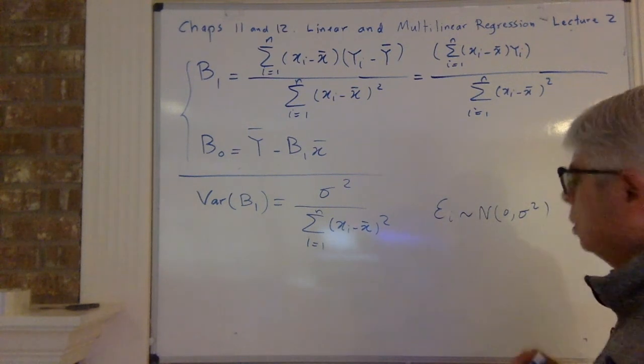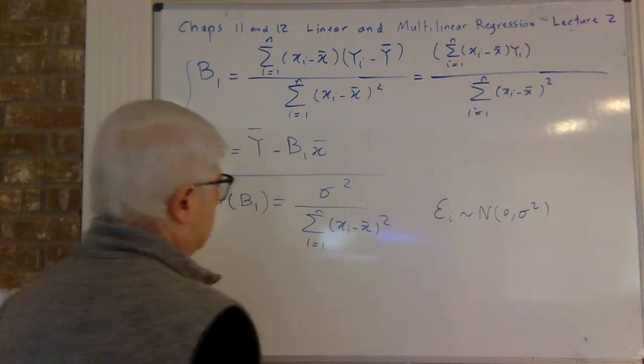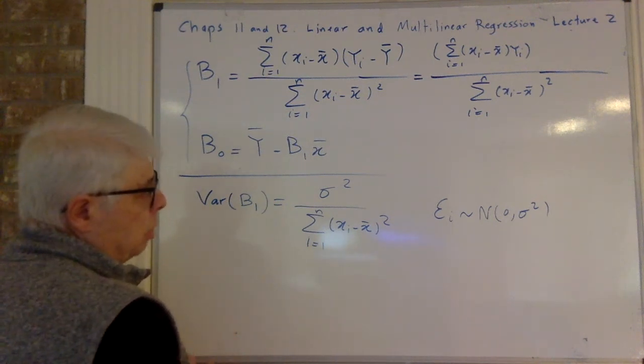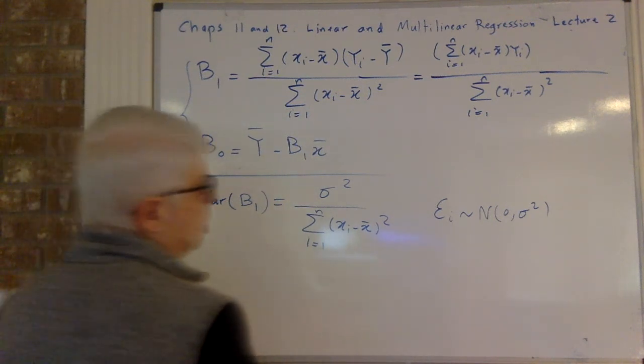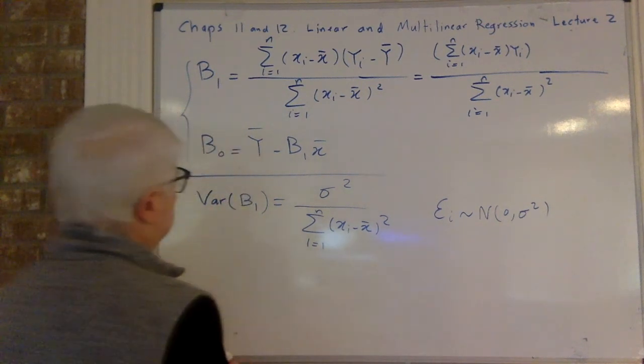So it was the variance of the errors, and we assume that they are the same. And we also assume that the epsilon i's are in fact independent.